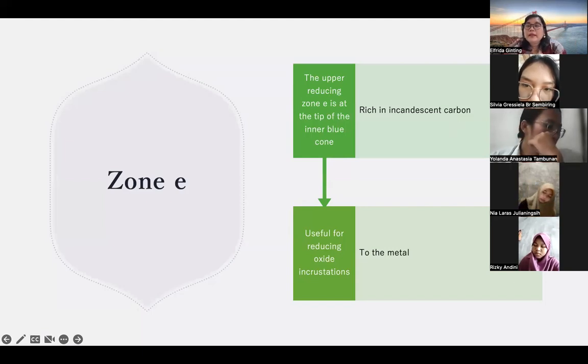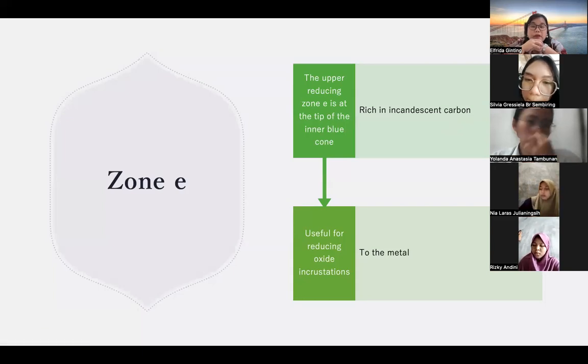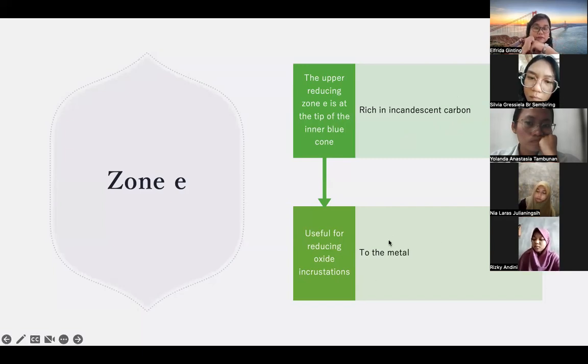And in this region, it has a lot of carbon. Then it means we can use this region to reduce oxide into metal.